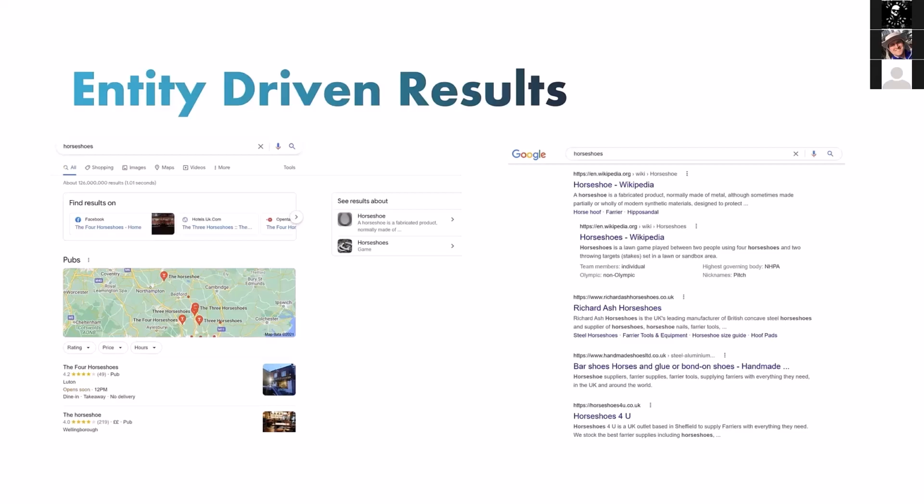So the point here, apart from the fact that I'm trying to be controversial about what people are looking at with search intent, is that if I'm a farrier, I do not want my website and my online presence to look like a pub. And if I'm a pub, clearly I don't want to look like a farrier.